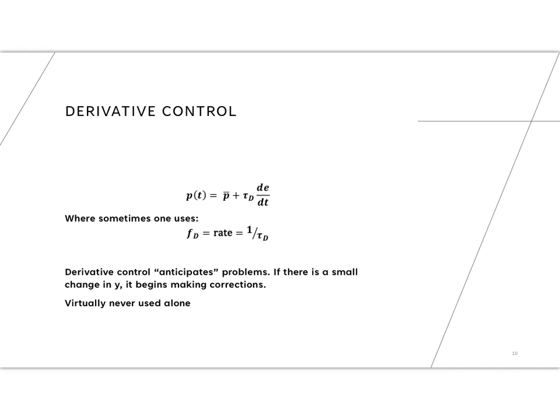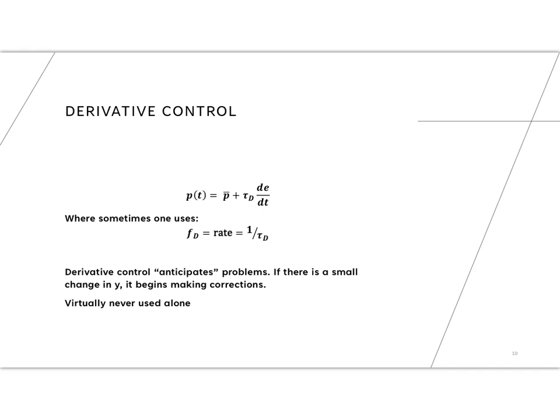So derivative control is looking at just a teeny little hint of a problem and anticipating that it's going to get worse. So what can happen is you have a very small change in your y, right? Error is the set point minus the measured y. And you can have a very small change in the y, and it starts making corrections.